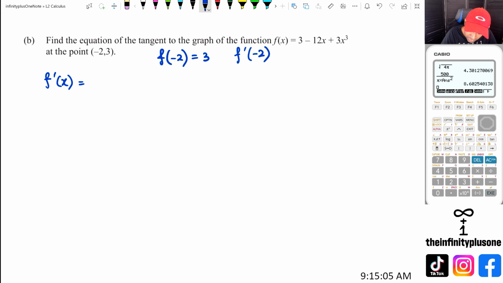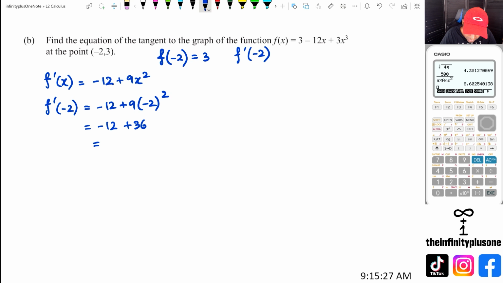So we've got 3, which differentiates to 0, -12x differentiates to -12, and 3x cubed differentiates to 9x squared. So when we work out the gradient at -2, we're going to get -12 plus 9 times -2 squared. So we've got -12 plus 36. That's going to be 24.